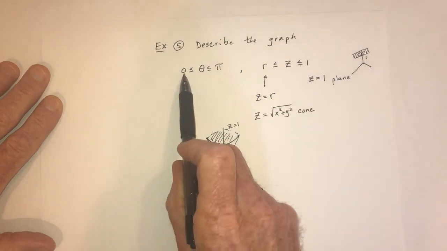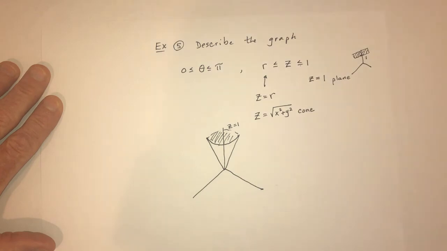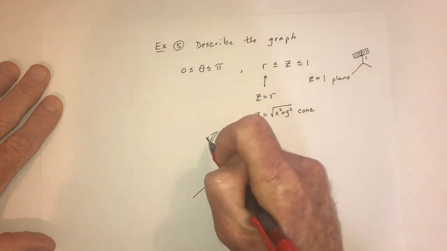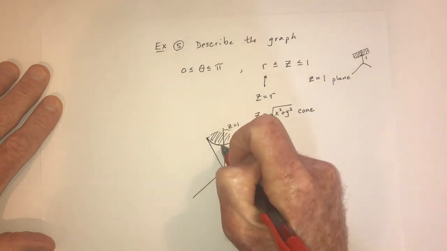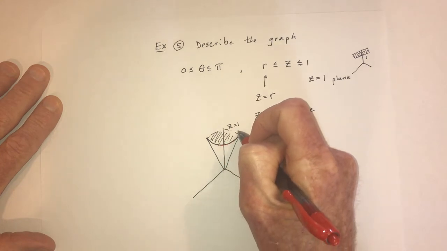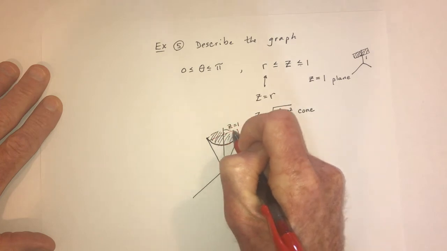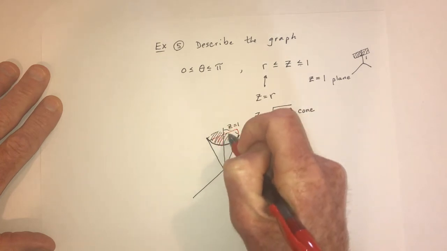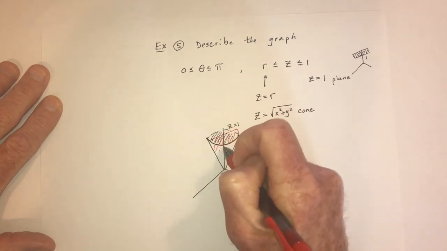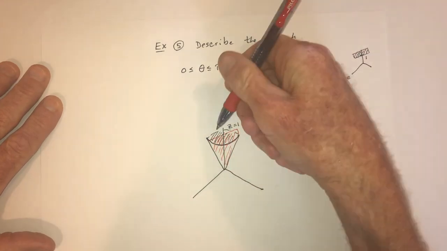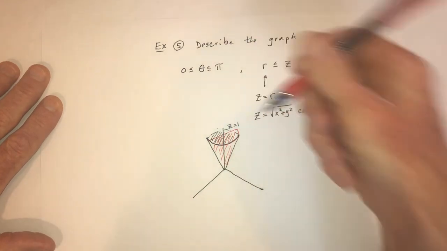And now it's only supposed to be half of the cone. So it's just going to be from here around to when it hits this wall over here, and then it's going to get cut off, and it's just going to be this part of the cone. So just erase that little back part right there.